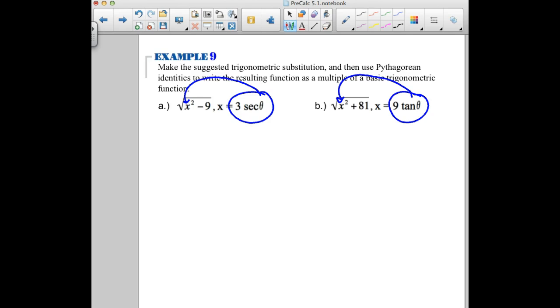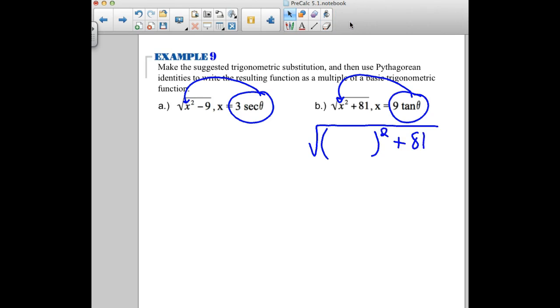So let's dump that in. It gives us the square root of something squared plus 81. Okay, and we are substituting in place of an x 9 tangent theta.